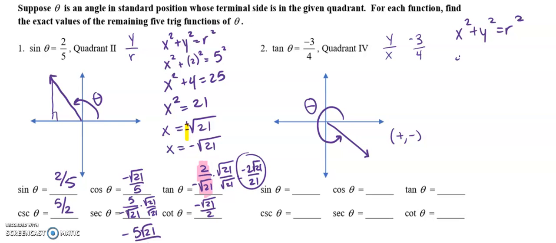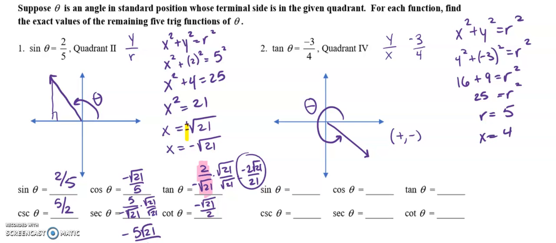So we'll have 4 squared plus negative 3 squared equals r squared. 16 plus 9 equals r squared. r squared equals 25, so r equals 5. Remember, r is always positive, so we don't have to worry about the sign on r, because it's a radius of the circle, it's a length, okay? So now we have x equals 4, and we have y equals -3.